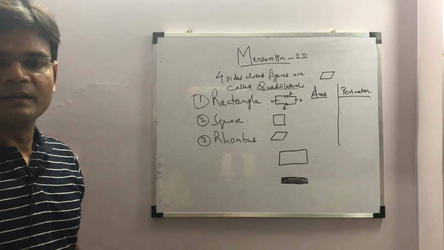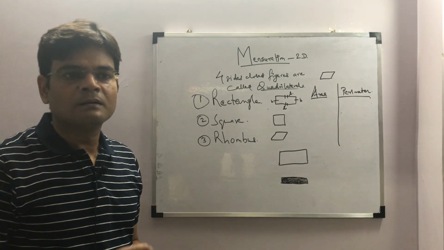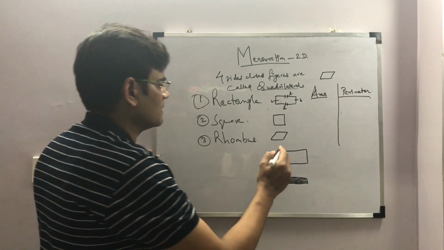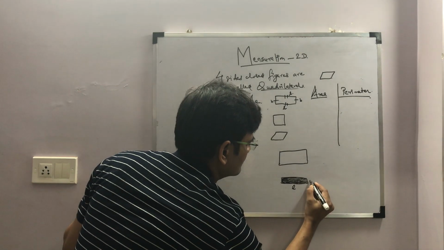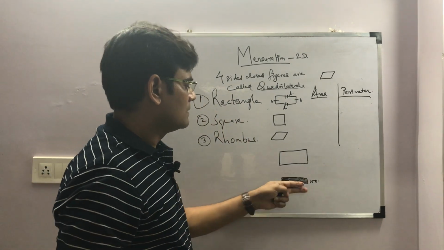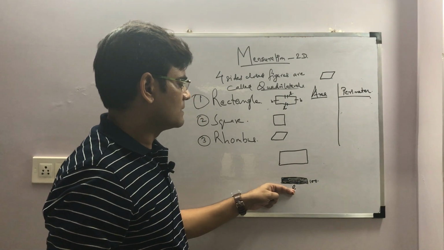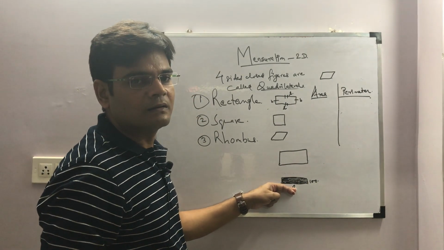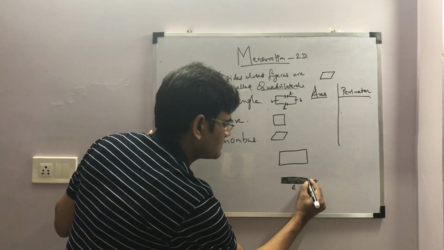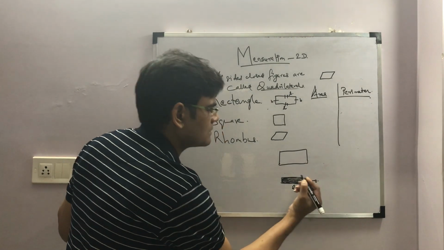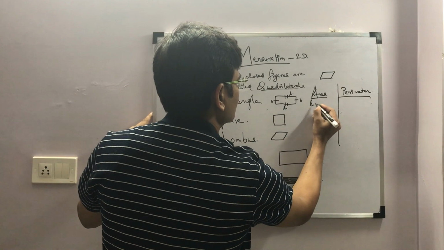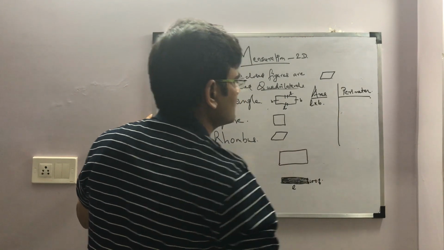Let's say we have 100 lines, each of length L. So what will be the area? Length into 100, that is breadth. That is where breadth comes into the picture. So that is why area is length into breadth.